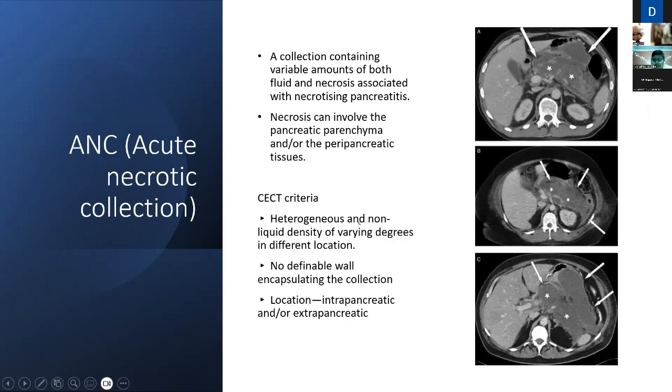In CT, you can see heterogeneous enhancement of the pancreas with some areas of non-liquefied tissue and liquefied part, that is the necrotic part. There is also peripancreatic collection and necrosis seen. But in acute necrotic collection, same as acute peripancreatic fluid collection, the wall is not formed.